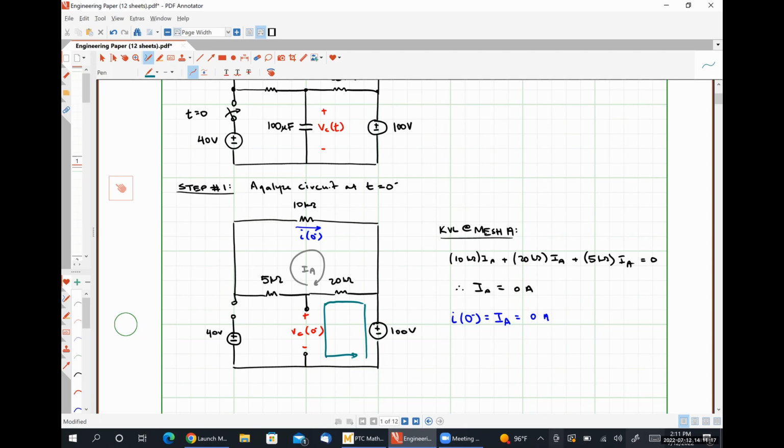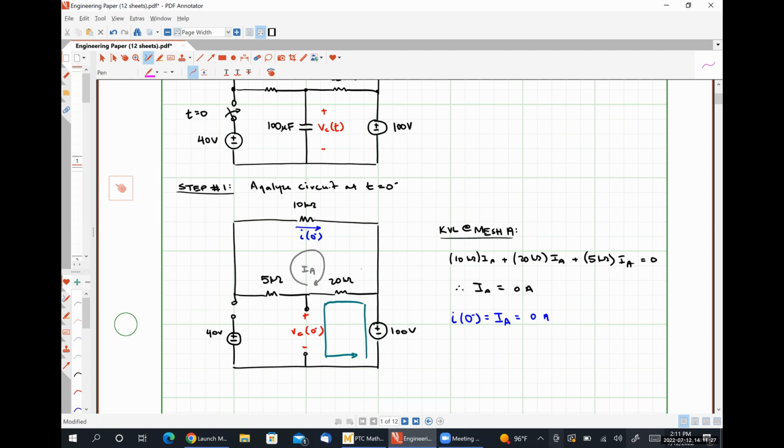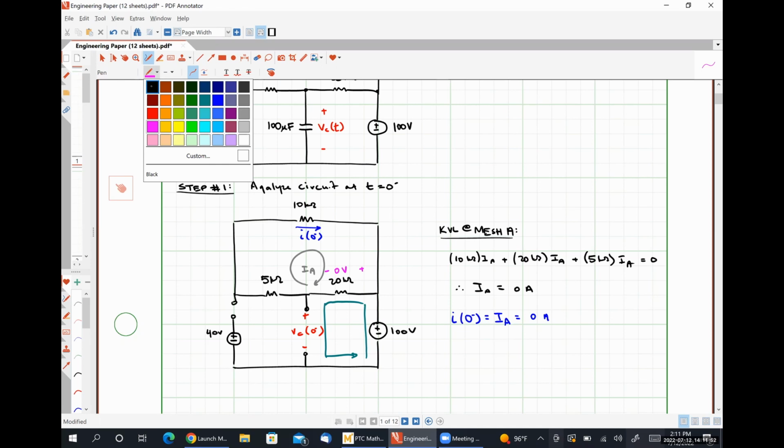Now, this KVL equation will involve us taking the voltage drop over the 20 kilo ohm resistor. I'm going to express the voltage in this direction. And by inspection here, really Ohm's law, I can observe that the voltage drop over the 20 kilo ohm resistor has to be 0 volts because we determined that our mesh current IA was 0, and 0 times 20 kilo ohms is 0 volts.